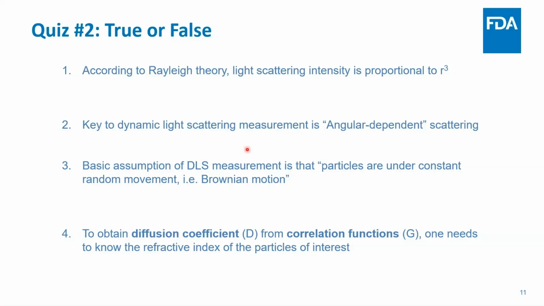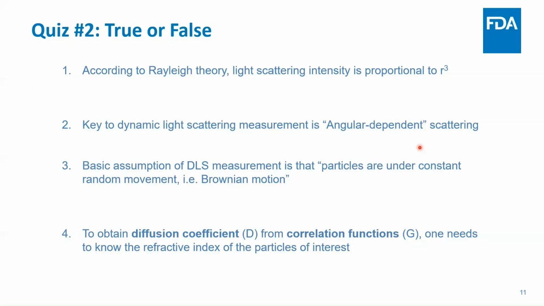The key to dynamic light scattering measurement is that it is angular dependent. What do we feel about that? Okay, I'm seeing a mix of T's and F's. So if we go back to our definition, static or angular dependent light scattering is based on the intensity at different angles. So we're looking at the intensity at a single angle, but just the fluctuations over time.